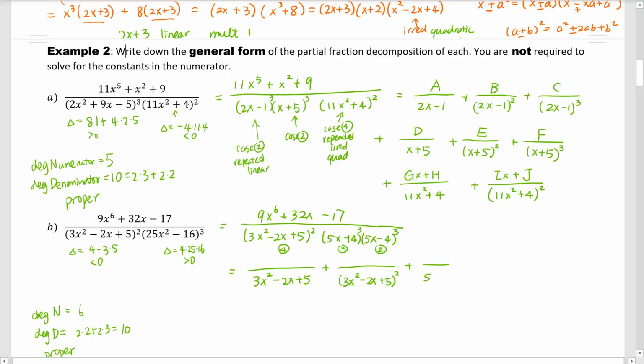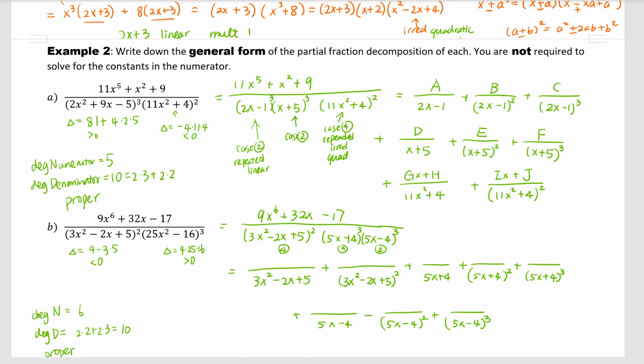So you have that factor, and then you increase the power until you reach the multiplicity. And also we have 5x minus 4, 5x minus 4 squared, 5x minus 4 cubed. So you can write out all the denominators.